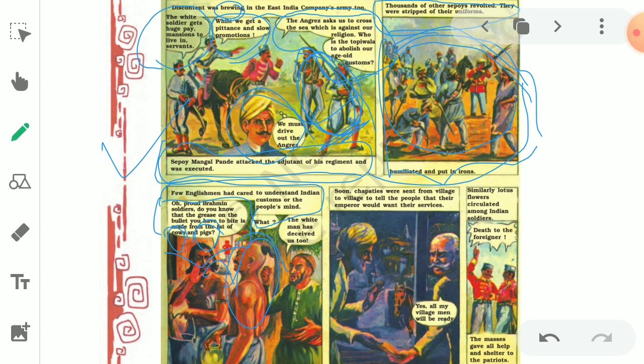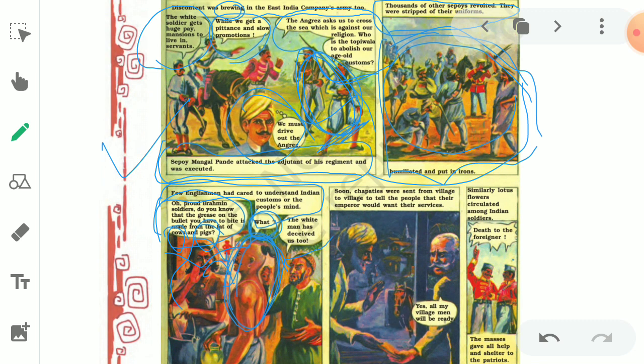But the man who came and sat in front of him is going to give awareness regarding their religious customs. Why? Because Brahmin people who joined the army group and all have to bite the bullet which is made up of the fat of cows and pigs. So it is highly impossible to bite this fat. In this way, the Brahmin listened to his words and he reacted. What?